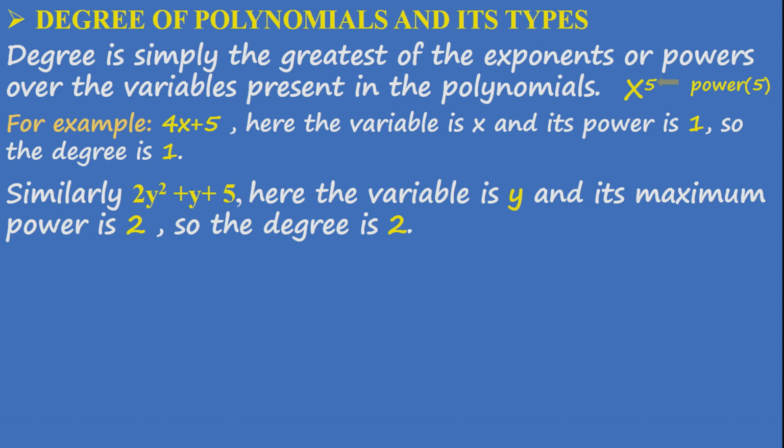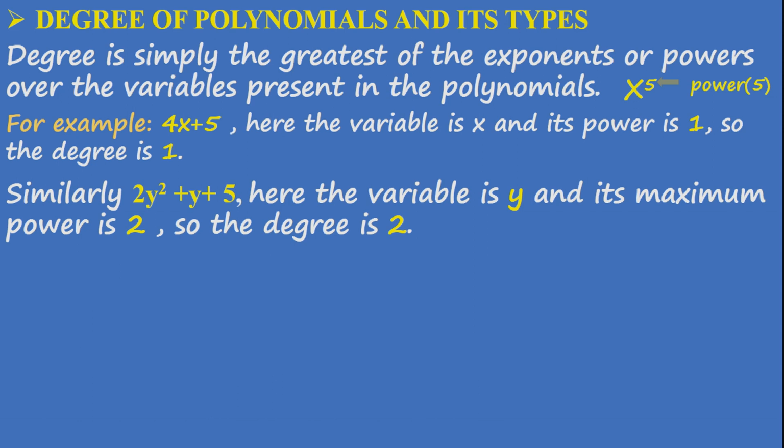Now we can see here that we have used y as a variable in this polynomial. And if we consider the power on the variable, we can see that on one y the power is 2 and on the next y the power is 1. So the maximum power which is used on the variable y, that is 2. So the degree of this polynomial will be 2.